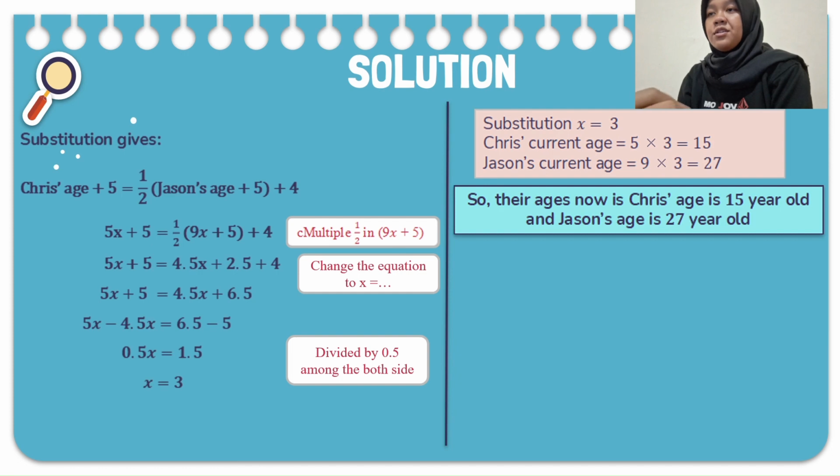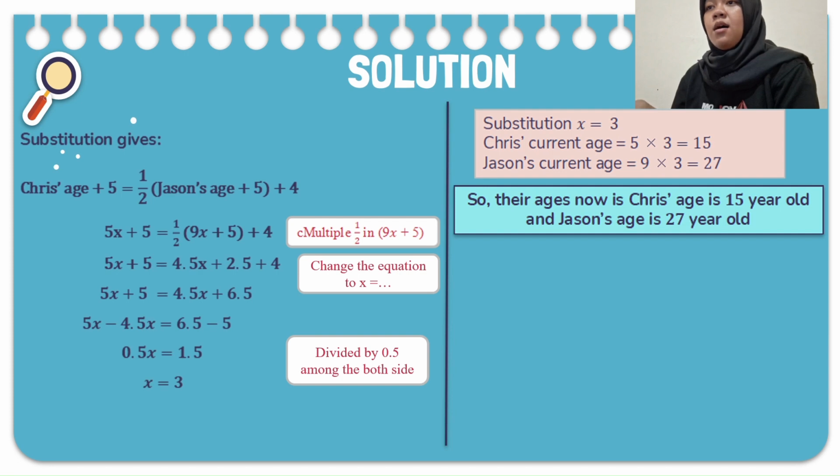Okay, substitution gives Chris' age plus 5 is half of Jason's age plus 5, plus 4. We substitute 5x for Chris' age, and 5x plus 5 is a half times 9x plus 5, and plus 4.